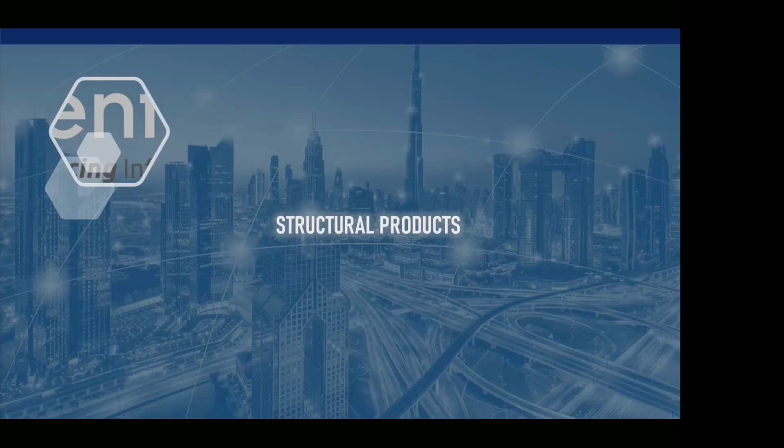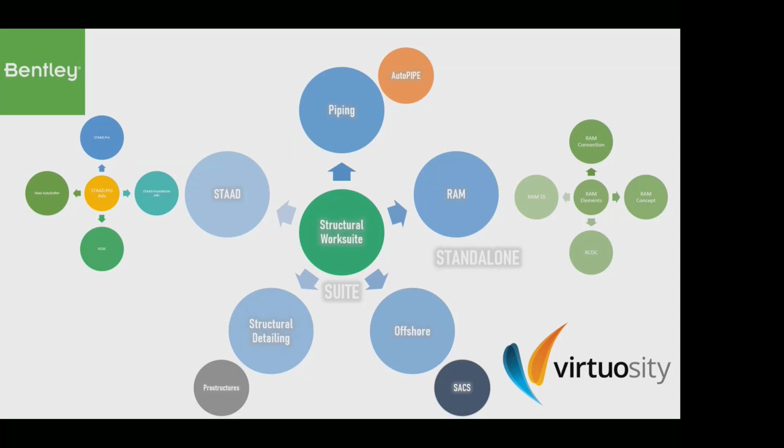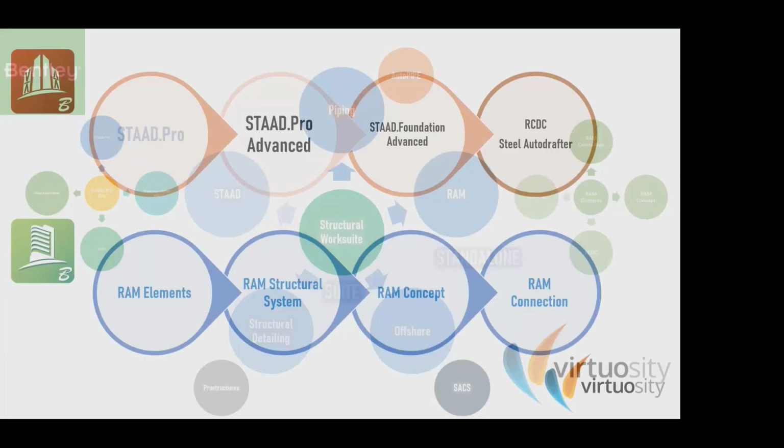Go to structural products. This is our structural products. The first one, or the main, is a structural work suite that includes all connections. But this presentation will be more focused on STAAD, okay?